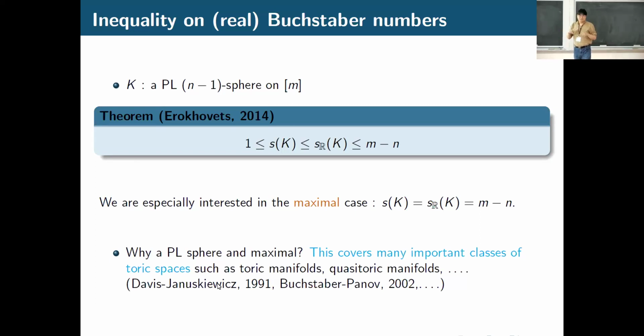In this workshop, I realized that many people are talking about toric orbifolds as well, but unfortunately toric orbifolds are not covered. If you are interested in manifolds, then it's okay. I'm always in the world of manifolds, not orbifolds.